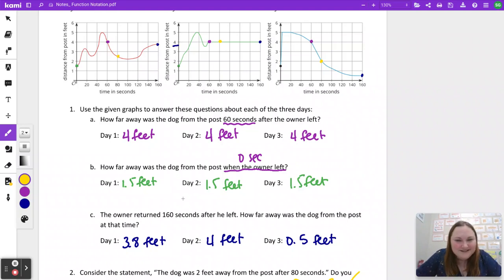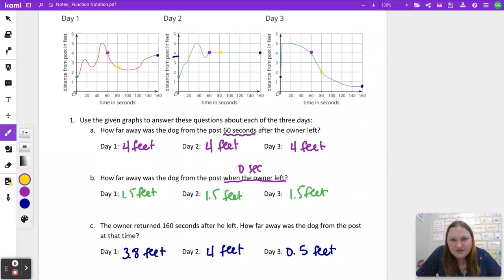Or for part B, we're saying when the owner left, the dog was 1.5 feet away from the post on day 2. It's taking me a long time to say all of this. If you're taking notes, which I know you're taking notes, it's going to take you a long time to write all of that down. When it comes to describing these graphs, we have to be really specific, but when we're being really specific, it's taking a lot of language.